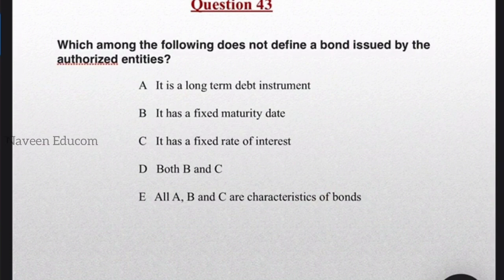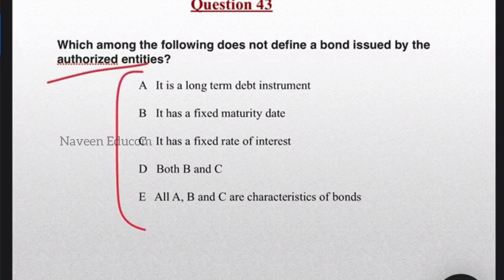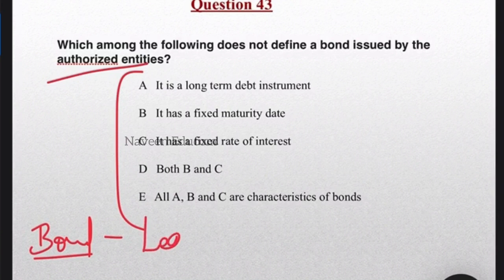Coming to the next one, which among the following does not define a bond issued by the authorized entities? So students, options are given here. What is the answer? Students, you have to know what is a bond. A bond is defined as a long-term debt instrument issued by the government or the companies or banks with a fixed rate of interest and a fixed maturity date as well.